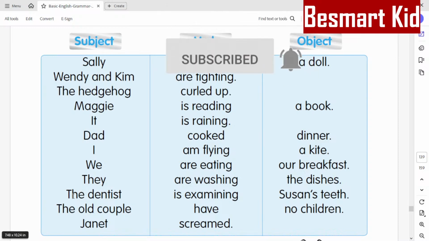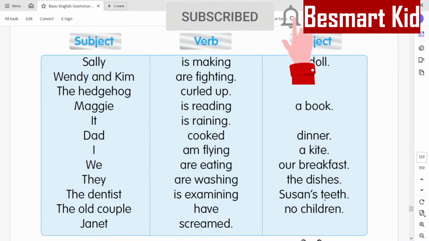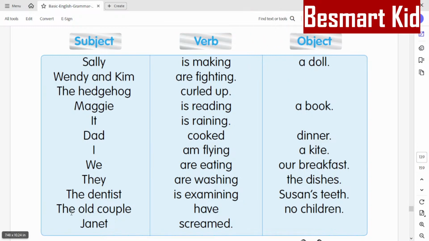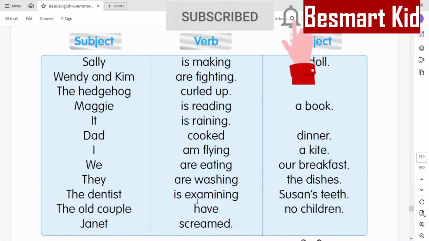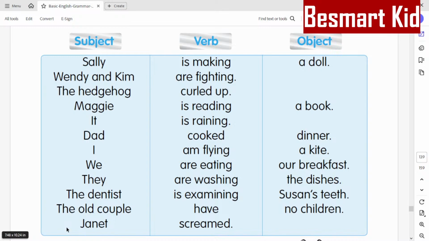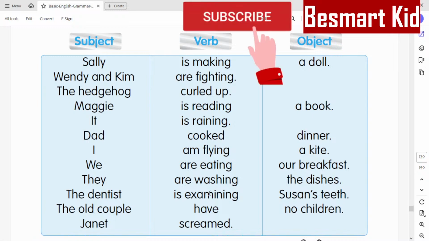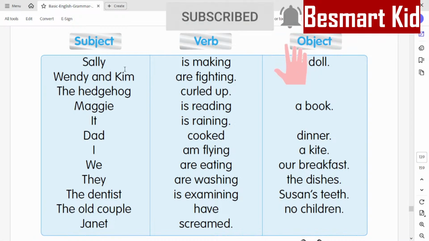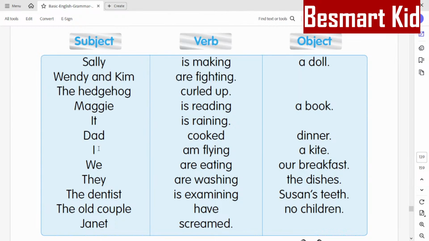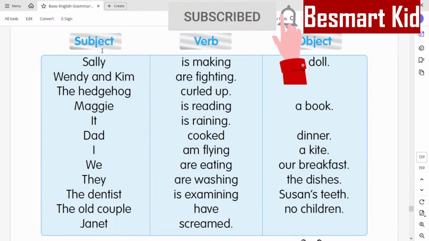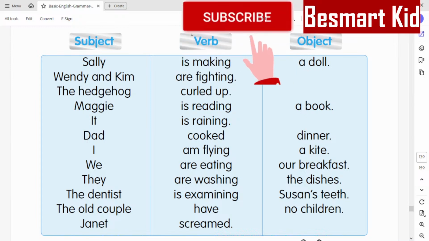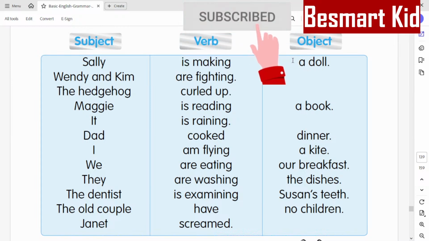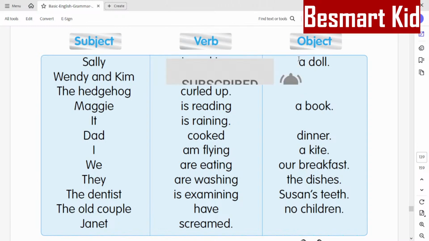The dentist is examining Susan's teeth. The odd couple have no children. Janet screamed. All words around here are subjects, and all around here are verbs. Here, all are objects.